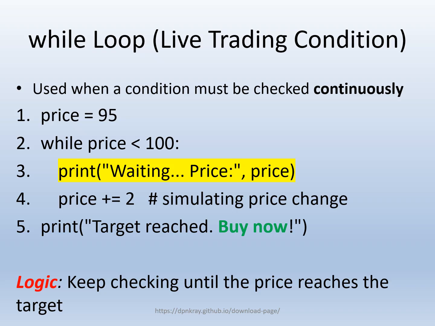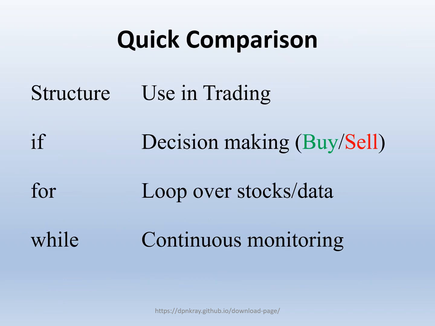In this case, in a loop it will continuously check whether the price is more than 100 or not. Then it will come out of the loop and print target reached. So the logic is, keep checking until price reaches the target. So if is for decision making, for loop over stocks, while for continuous monitoring.